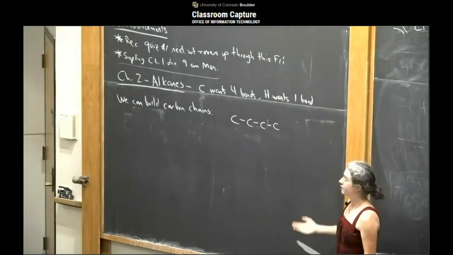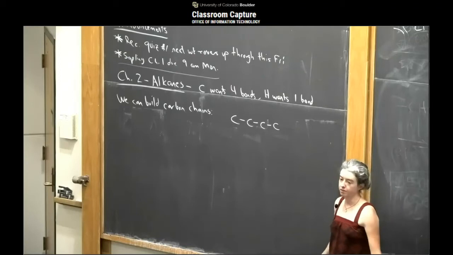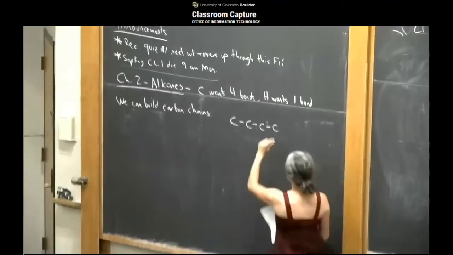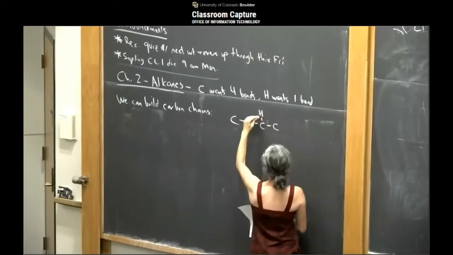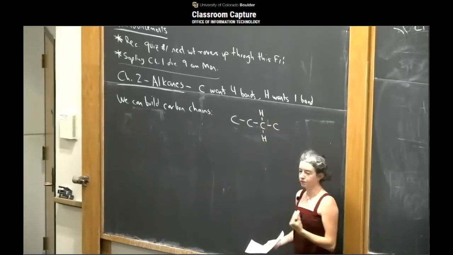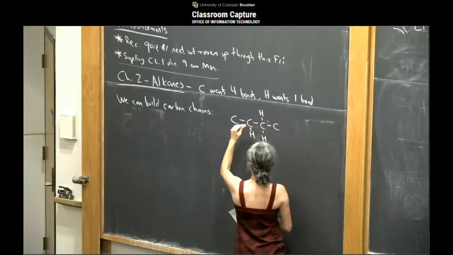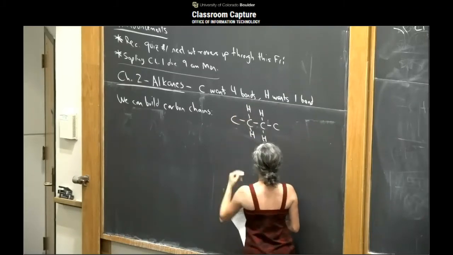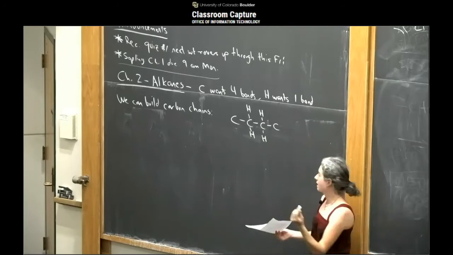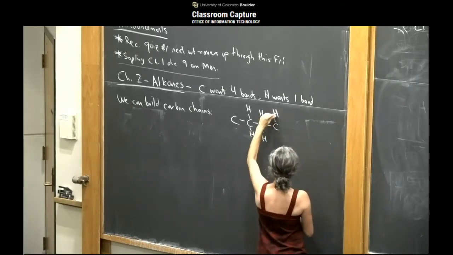And then to get every carbon the 4 bonds that it wants, we can just start plugging H's in all over everything. So pretty much every carbon in the middle of the chain needs an extra 2 bonds to be happy, so 2 H's, like those 2. And then the ones at the end of the chain need 3 more H's to get their full bond set.